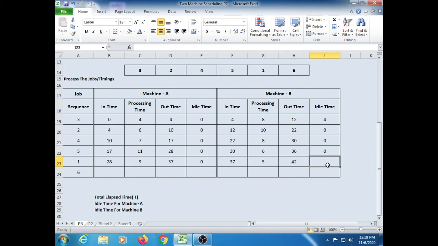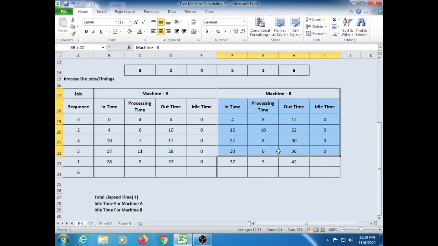So we will get the idle time of 1 hour, because the machine waited for 1 hour. At the 36th hour the previous job has completely processed, but at the 36th hour we do not have a job to perform. At the 37th hour we have a job to perform on machine B. So what does the machine have to do?